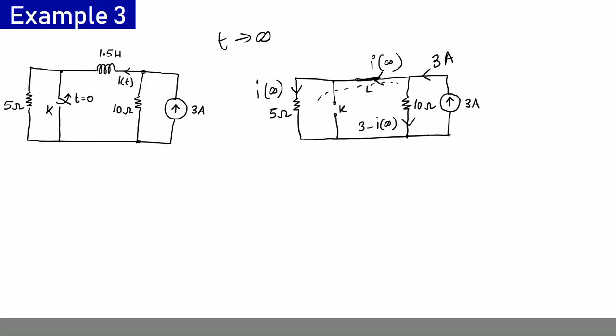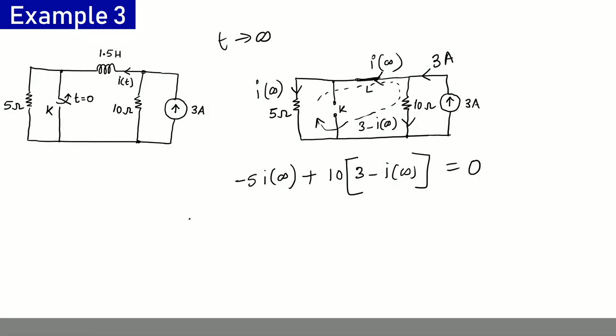Now if I write KVL in this loop which I have shown with dotted line, the equation will be minus 5 into I infinity plus 10, the current is 3 minus I infinity, and that equals 0. So let us quickly solve it. This will be minus 5 I infinity plus 30 minus 10 I infinity, and this is 0.